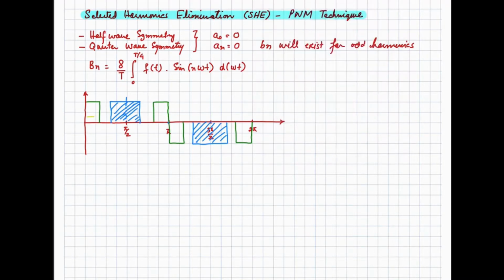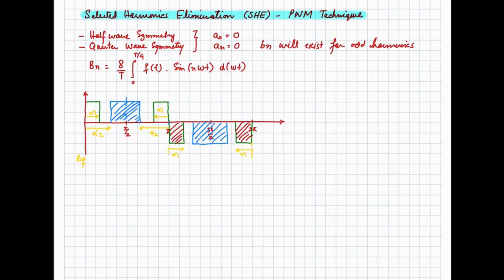Let's suppose that this angle is alpha 1 and this angle is alpha 2 from this reference point. So then this angle will also be alpha 1 and the angle of this notch will be alpha 2 from the center point, and then this angle alpha 1 and this angle alpha 1, both of them will be the same for this second set of notch, for this notch as well as for this notch.